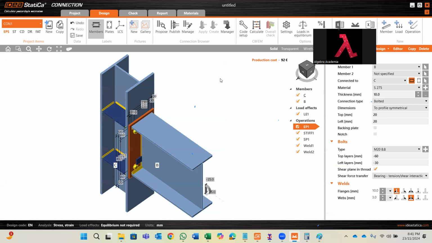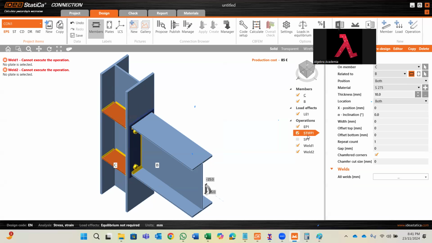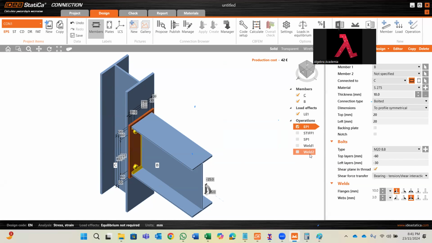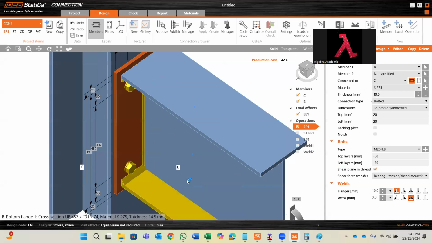I'm only keeping two bolts as they are. I'm removing the stiffener, the back stiffener. Then going with the weld. Changing the weld thickness to 5 millimeters. Okay. Now changing the forces.